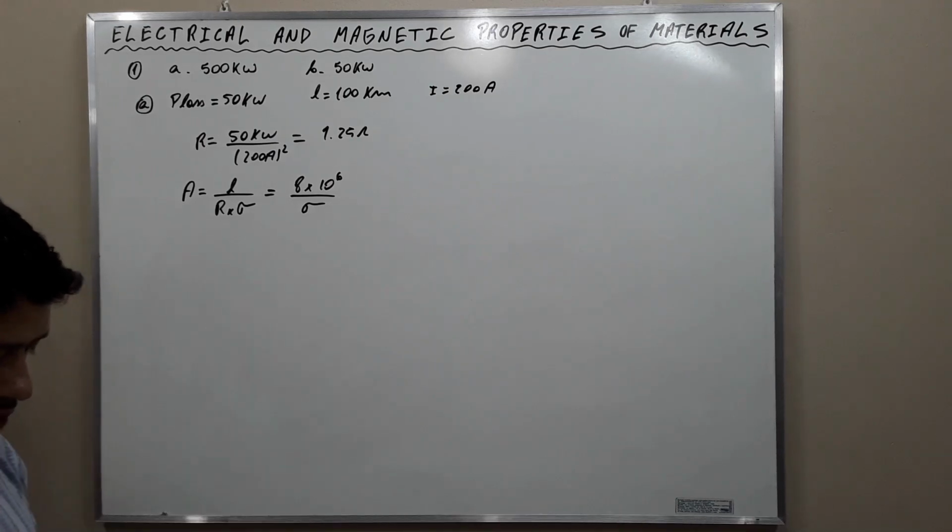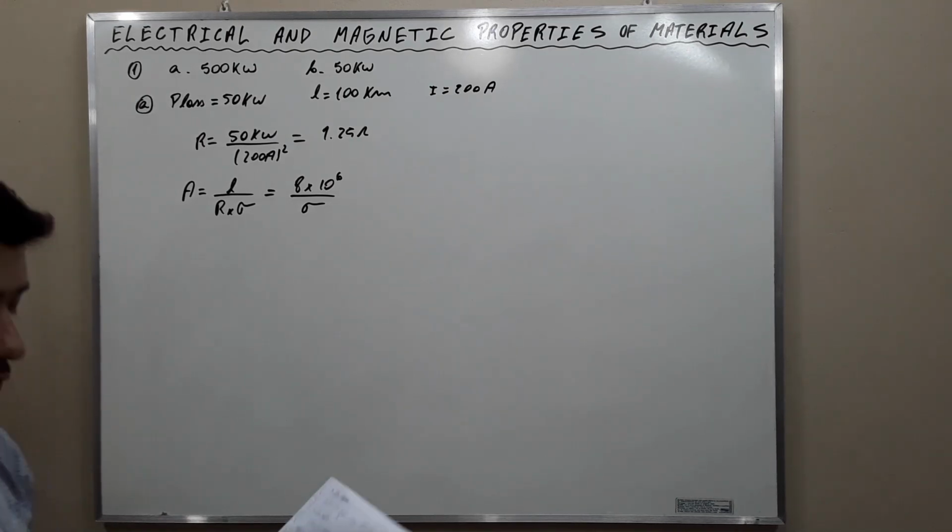this we can calculate the cross-sectional area for different kinds of materials we are using in this exercise: aluminum, copper, and silver.